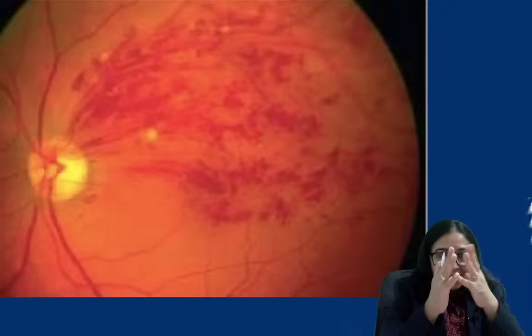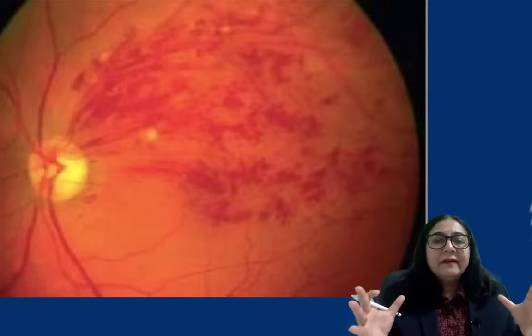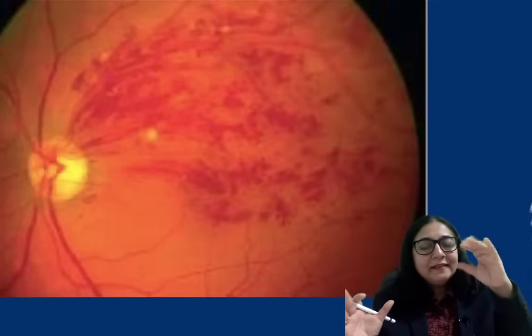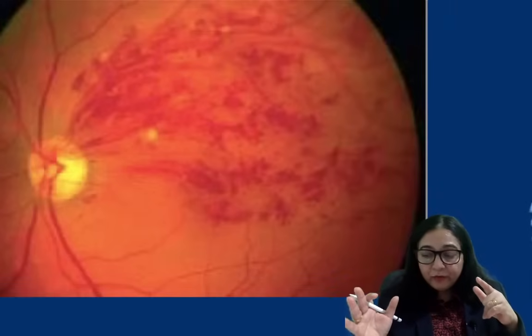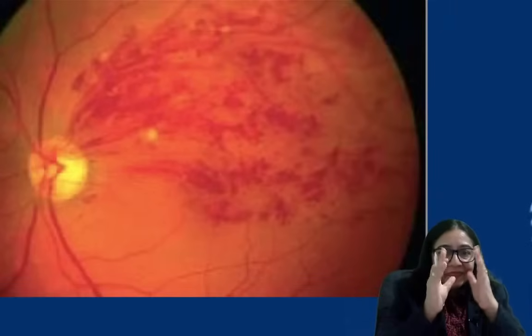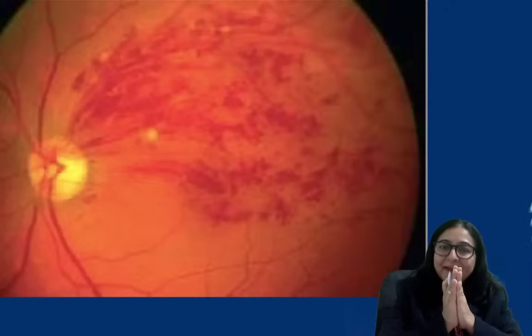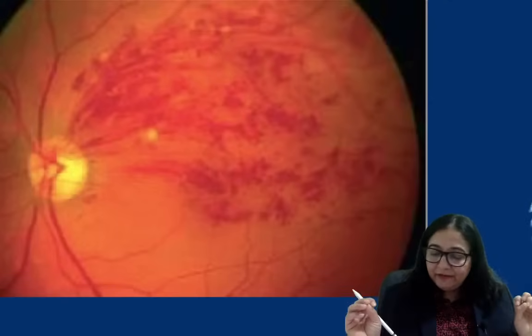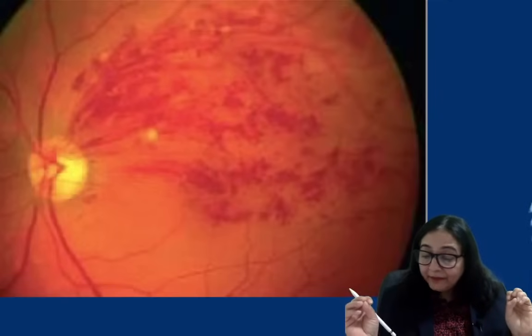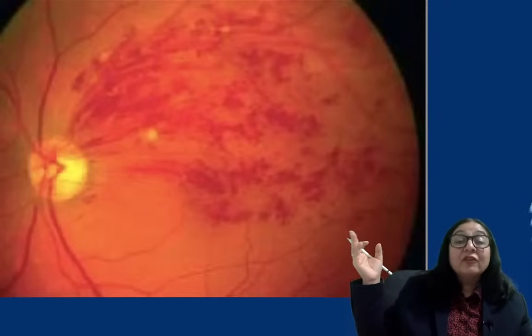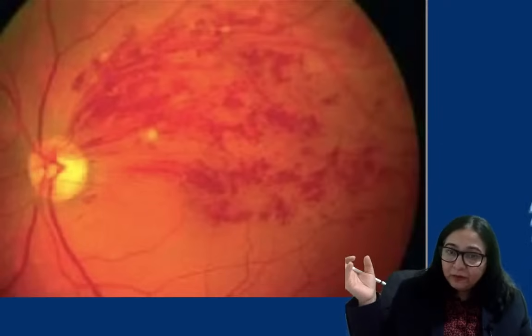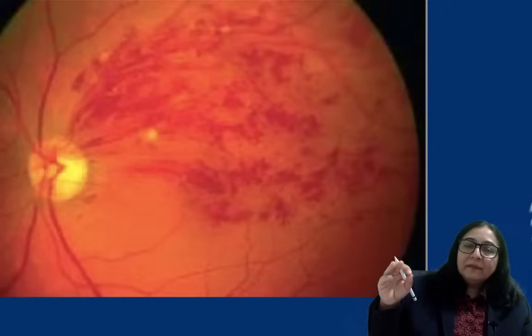When there are such scattered multiple retinal hemorrhages, please see that there is a possibility of vein occlusion. And when they are located in one quadrant, it means it's a branch retinal vein occlusion. So it's a case of branch retinal vein occlusion in a hypertensive patient.